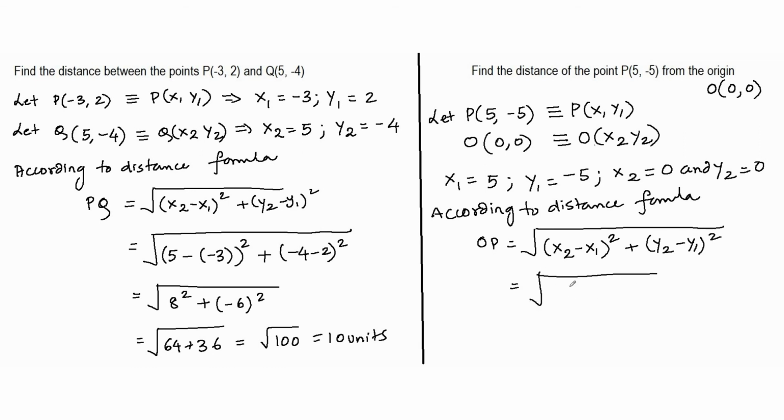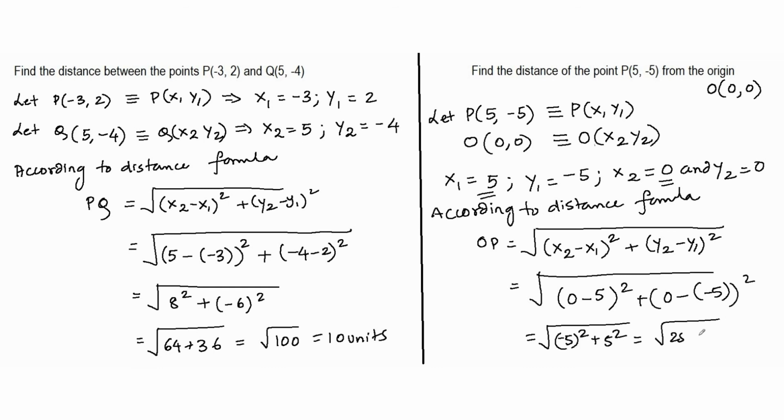That is going to be under root of x2 minus x1, that's 0 minus 5 the whole square. So x2 is 0 and x1 is 5, plus y2 is 0 minus of minus 5 the whole square. So this becomes under root of negative 5 the whole square plus positive 5 square. That is going to be root of 25 plus 25, which is root 50, and root 50 is nothing but 5 root 2 units, right? So this is how I can compute the distance between the point and the origin.